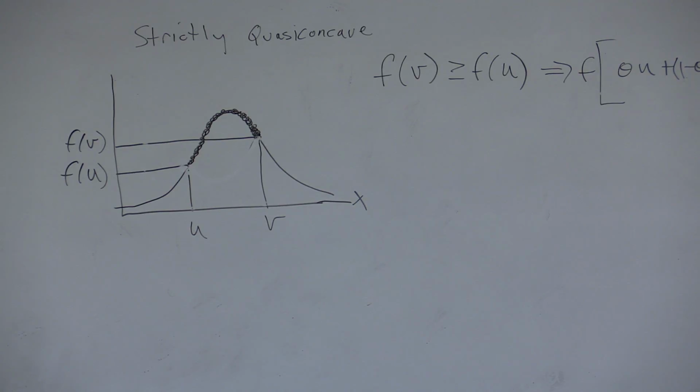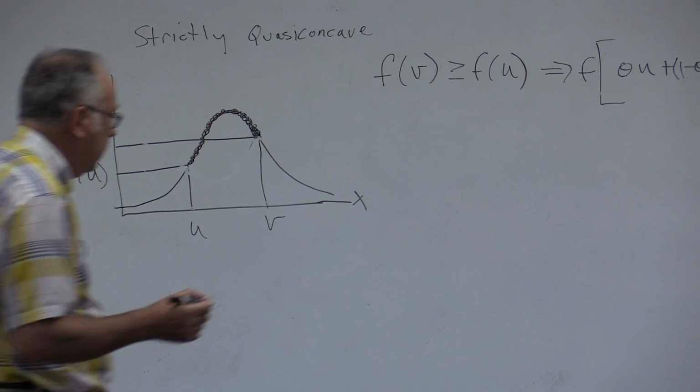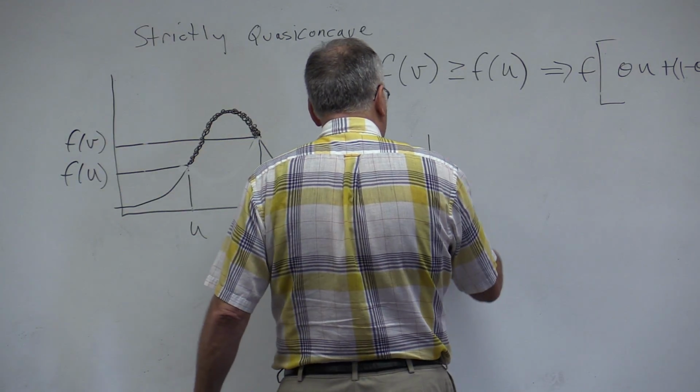Now, what would a strictly concave function look like? What would its shape be, and how would it differ from this? Well, the strictly concave, yeah. Ian, did you want to say?